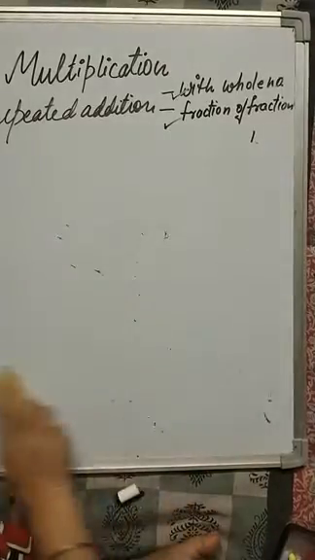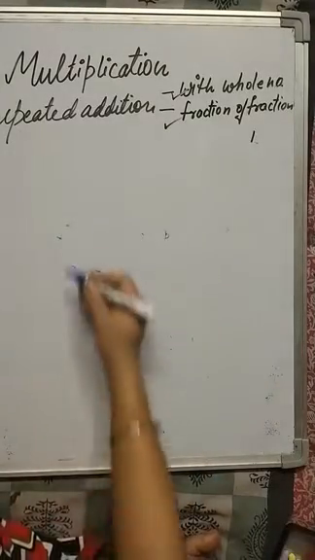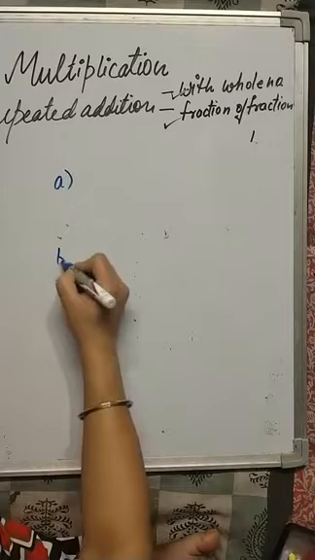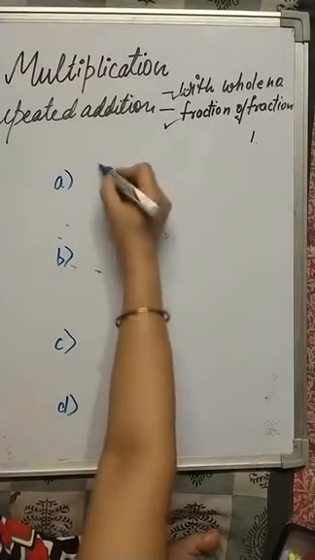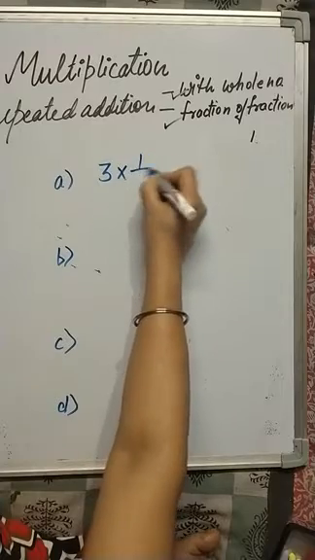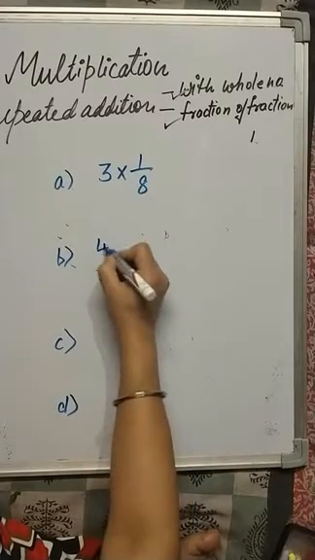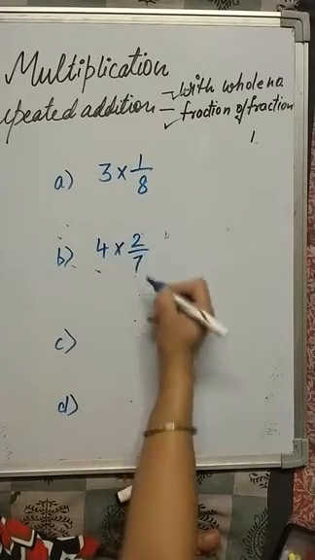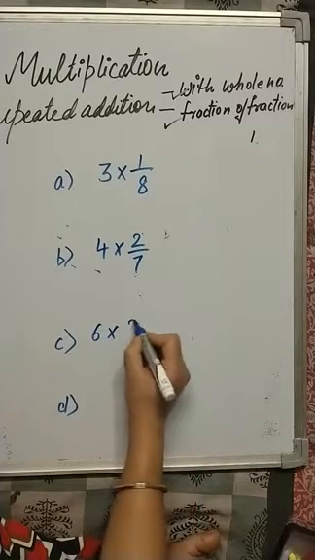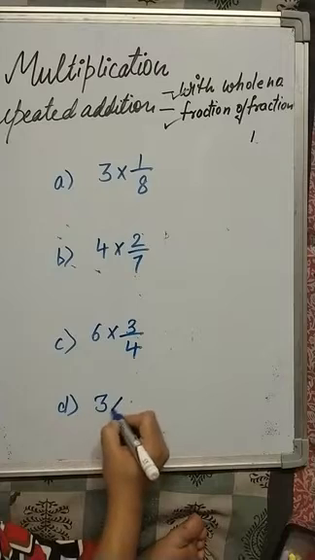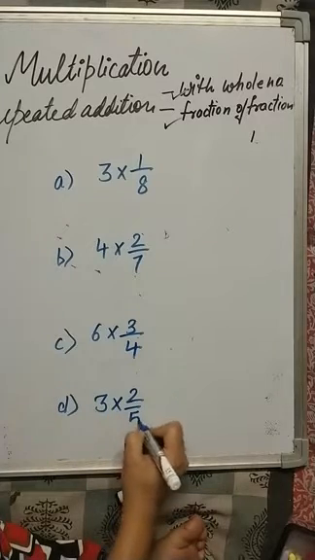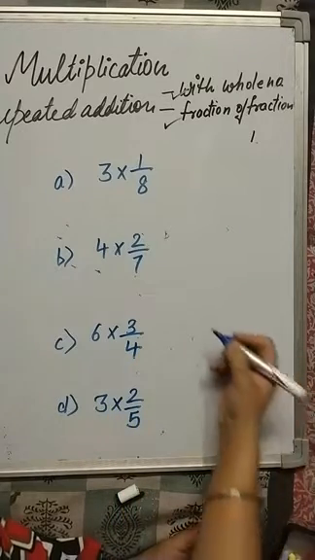Now you will be doing a few sums in your notebook. So you will solve 3 times 1/8, 4 times 2/7, 6 times 3/4 and 3 times 2/5 with a diagram properly.